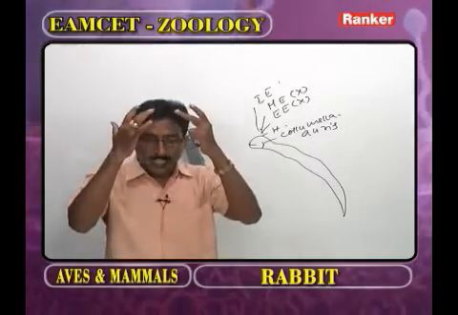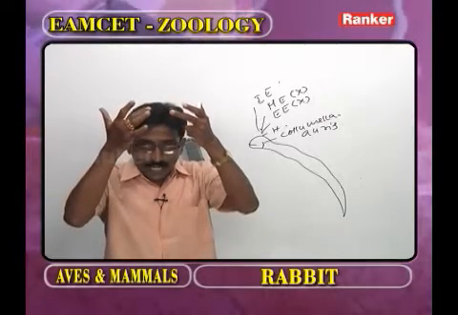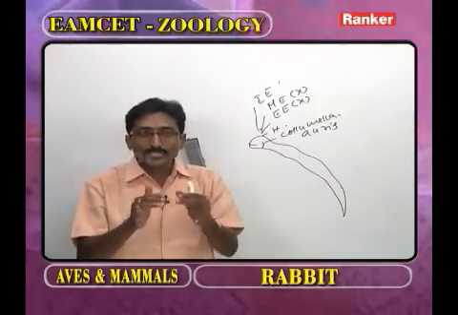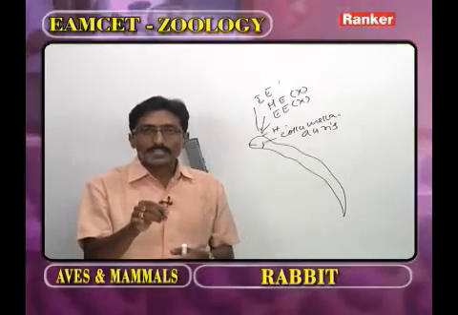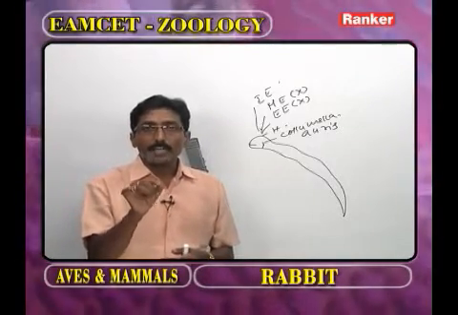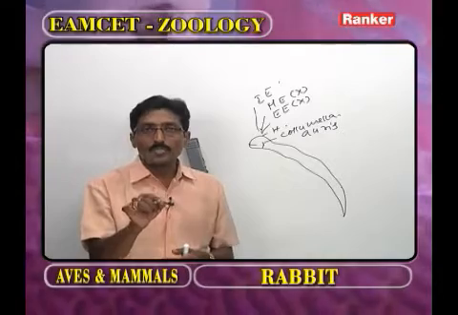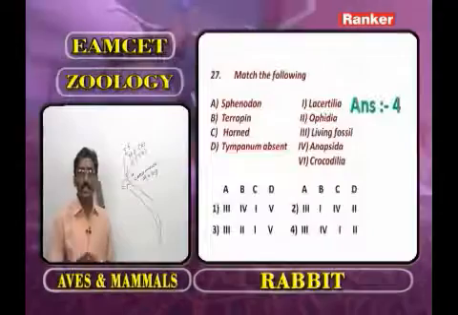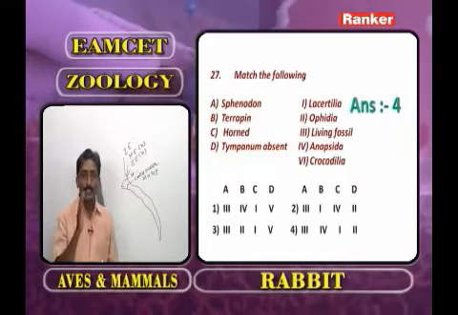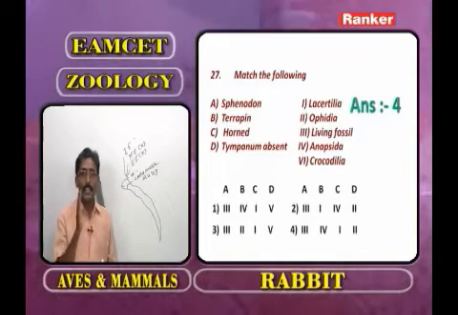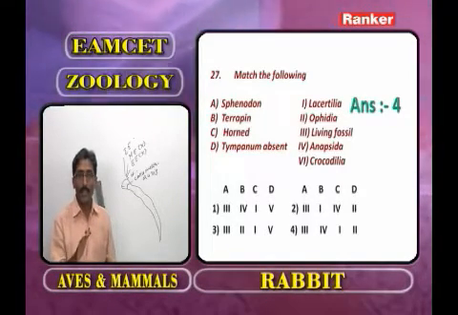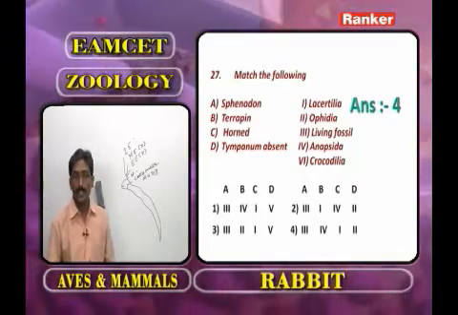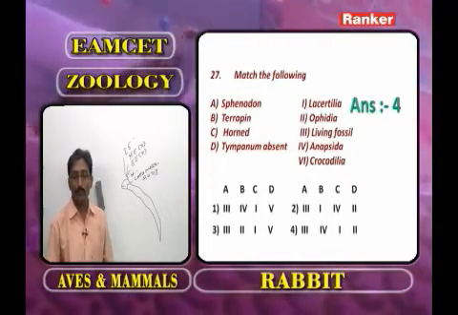Horned means on the head region a horn is present. Here the horned toad is nothing but Phrynosoma. The horned toad is a lizard. The lizard comes under Lacertilia. What about the tympanum? That is the eardrum. In case of snakes, there is no tympanum. Snakes come under Ophidia. Based on this information, the answer is the fourth one.